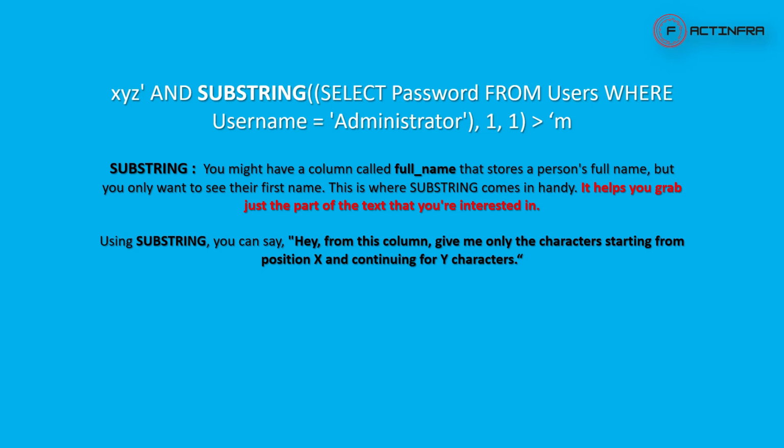What does this 1 comma 1 mean? The first one is the index of the substring, meaning from which character you want to start fetching your substring. So from index number 1 I'm going to fetch the substring.